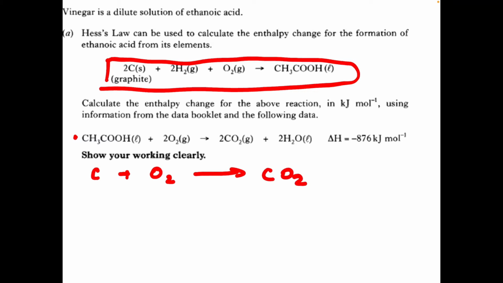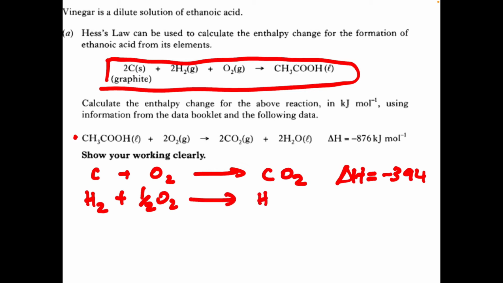That, from the data booklet, remember page 10, is going to be delta H equals minus 394. Then we've got our hydrogen, sorry, H2 plus half O2, gives us H2O, and that's going to be minus 286.